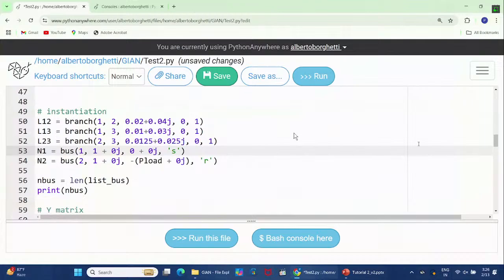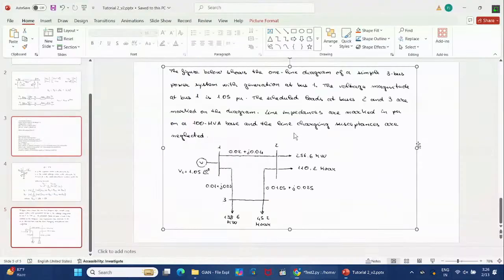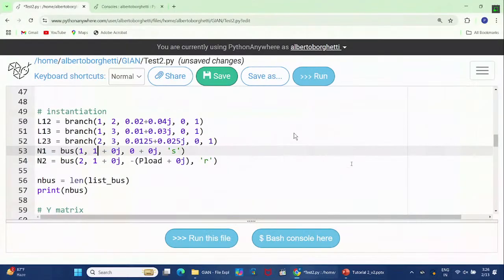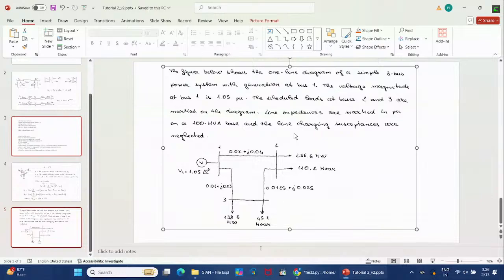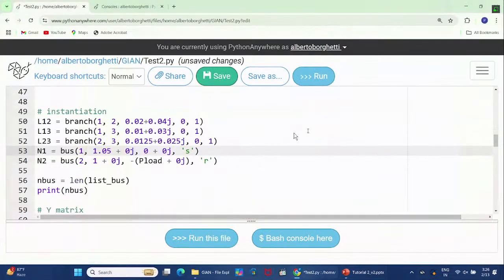So it is the voltage, so I can put in 1, it is the slack bus, and the slack bus has the voltage that is fixed and also the angle, so it is 1.05, the angle is 0. And then the power, we don't know. We need to calculate at the end, so we can put just 0. And it is for sure a slack bus, because it is the only generator, so we have no choice.